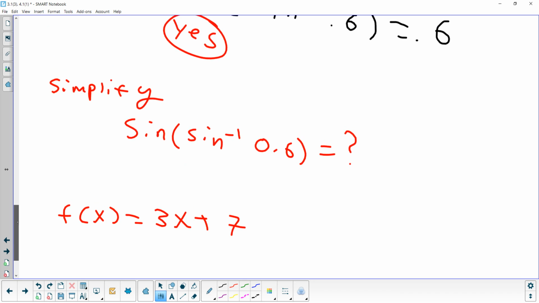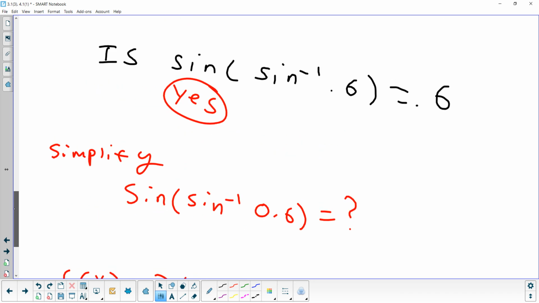Could anybody simplify that and tell me what we get? Yeah, I mean, it says it right here. We just answered the question, is the sine of the inverse sine of 0.6 equal to 0.6? We wrote, yes, it is. So now I'm asking you, what's the sine of the inverse sine of 0.6?